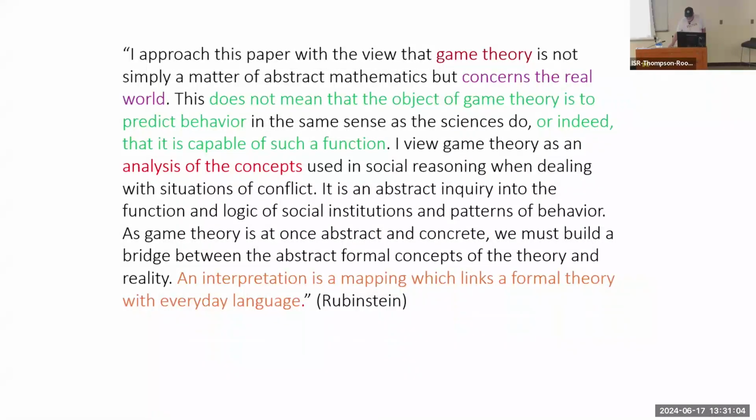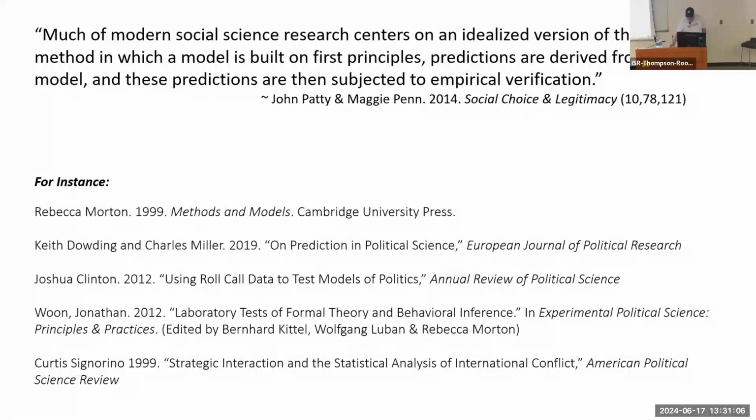Intellectual battle lines. So we have a standard interpretation, and I use John Patty and Maggie Penn, because they've taught here in the second session before, and that gives you the standard rationale, right?